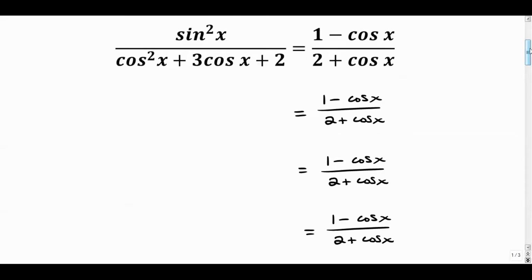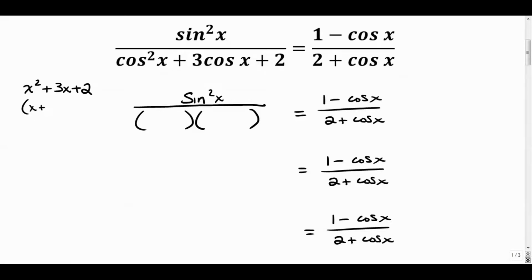The trick here is to understand that the whole denominator down here is really just a quadratic. And that quadratic needs to be factored. So if you think about the denominator as x squared plus 3x plus 2, how would you factor that?